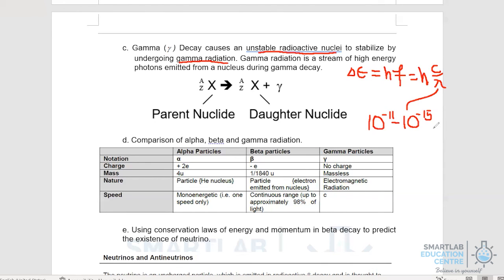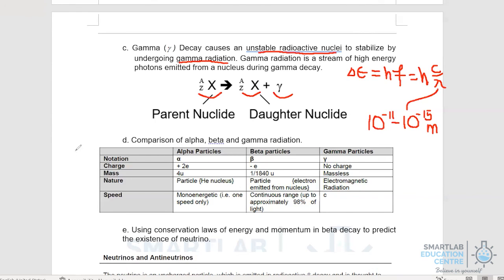As highlighted earlier, the wavelength of gamma radiation ranges from 10 to the power of -11 to 10 to the power of -15 meter. Since gamma radiation does not have any charge or mass, in the balancing of the nuclear reactions, the mass number and the proton number do not change, and we can indicate gamma as such.